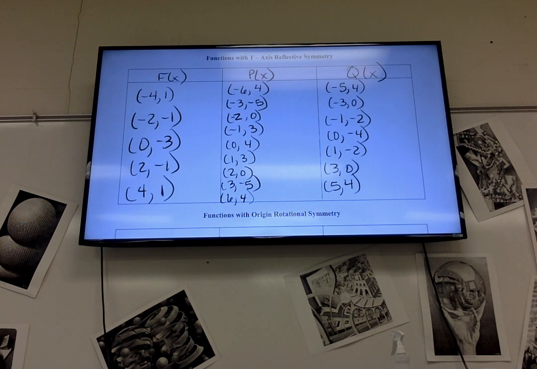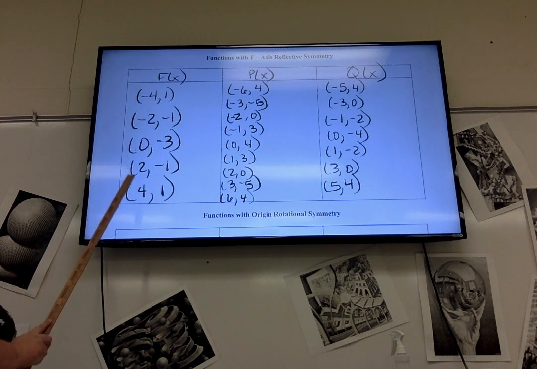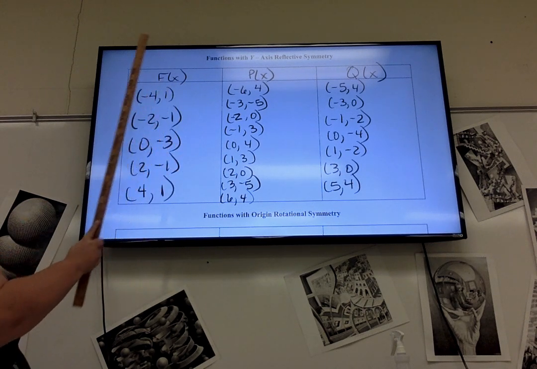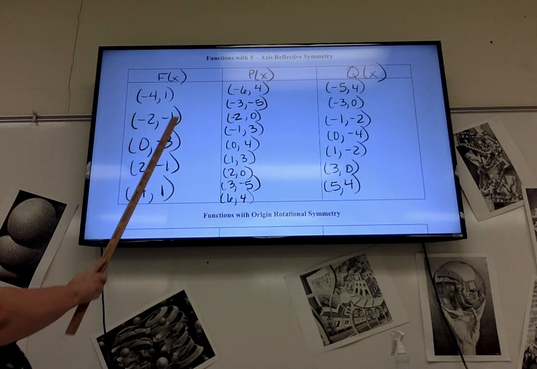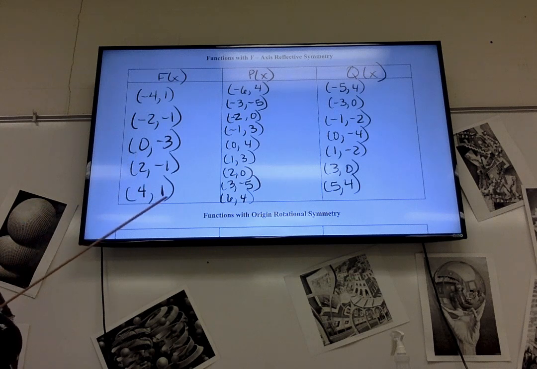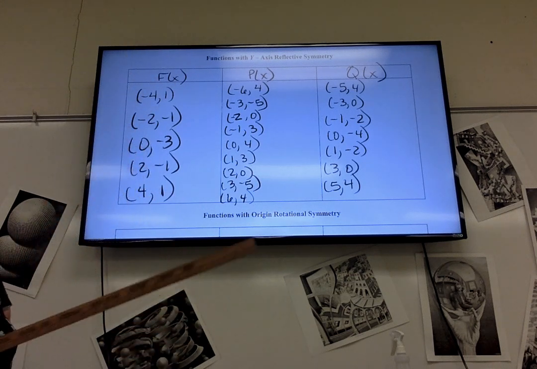The X. Okay, so for the points, she's saying if you have -4 and +4, notice the y's are the same. If you have -2 and +2, notice the y's are the same. And this is 0, so there's only one option here.